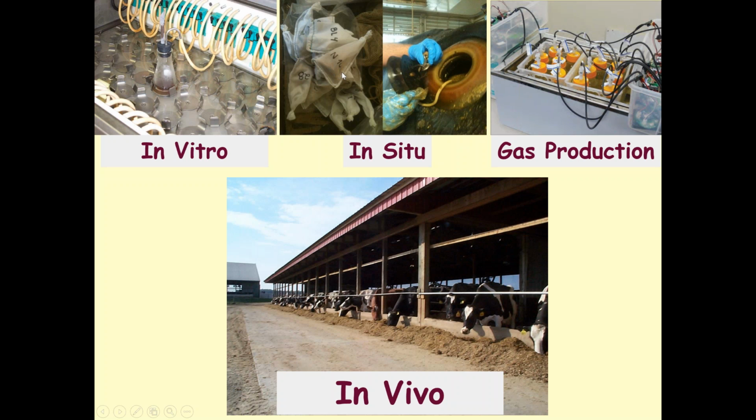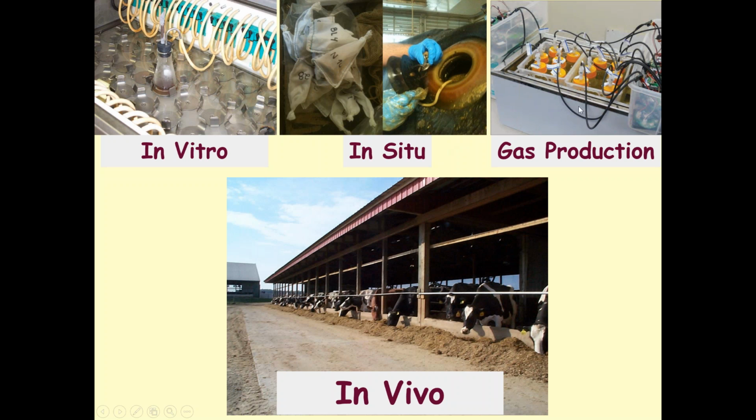And then you simply incubate those bags in the rumen of a fistulated, cannulated cow for, again, some time period. Could be 24, could be 48, could be 240 hours, and measure the amount or proportion of that residue, fiber or starch, that's remaining in the bag after that time period.